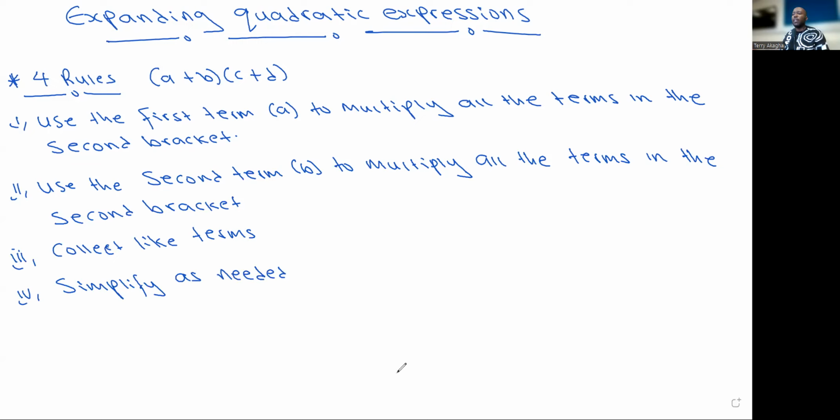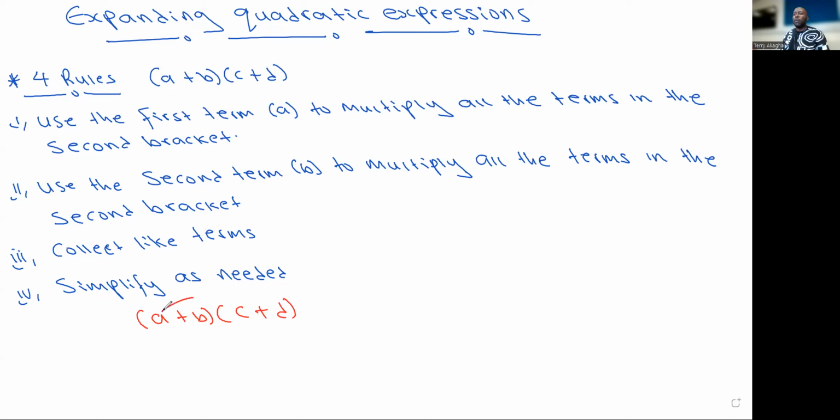So in this example, we have A plus B multiplied by C plus D. You open it, using the first term to multiply.